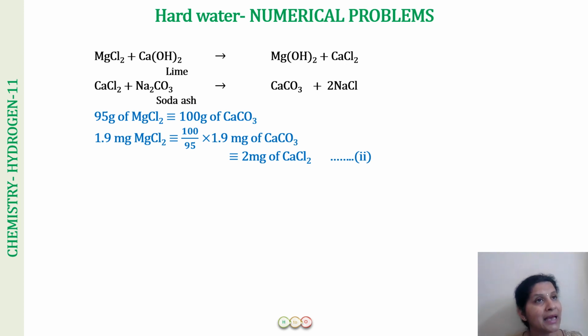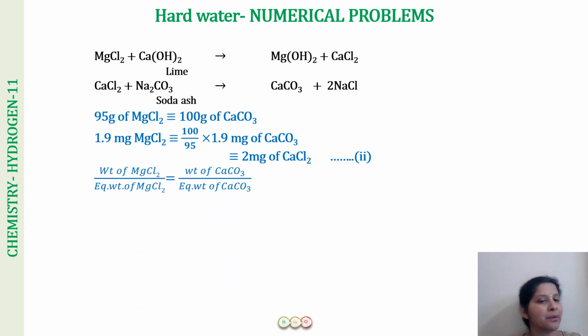Now, if you apply the equivalent concept, this is going to be easy, because then you do not have to think about what the reactions are to get calcium carbonate from magnesium chloride. One equivalent of magnesium chloride is going to give us one equivalent of calcium carbonate. So let us write the equivalent concept. The number of equivalents in both cases will be the same.